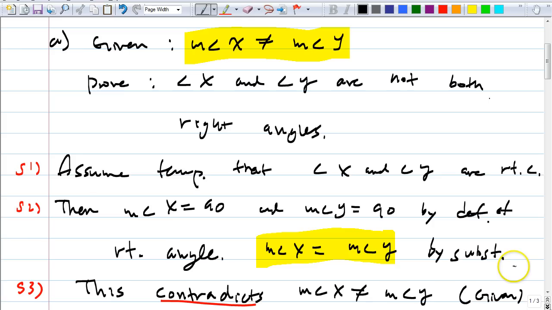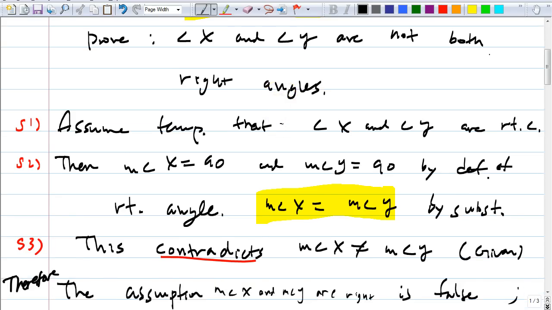Step 3, then you say this contradicts what? The given, where the measure of angle x does not equal the measure of angle y, doesn't it? So therefore what? The assumption that angles x and y are right angles is false, and so therefore what have we proved?